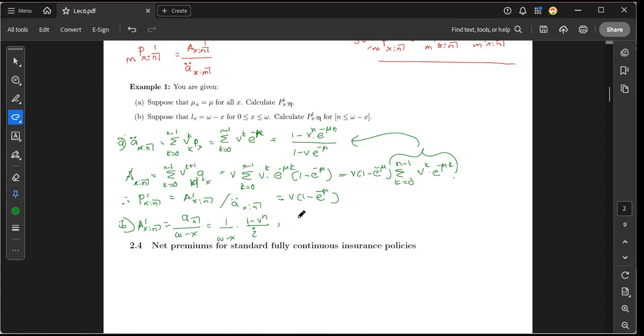And for EXN, we know it's VN PXN. So VN PXN, again, it's N omega X. Under the uniform distribution of death, we have the YC relation again, so we can substitute these things now.